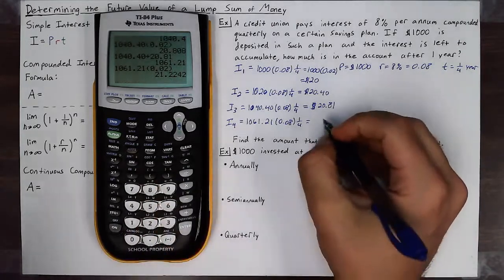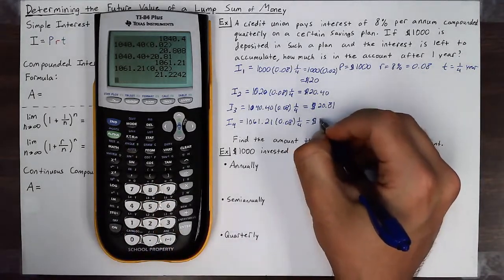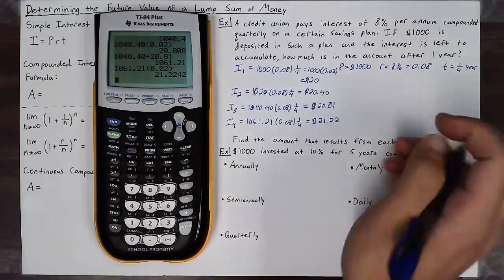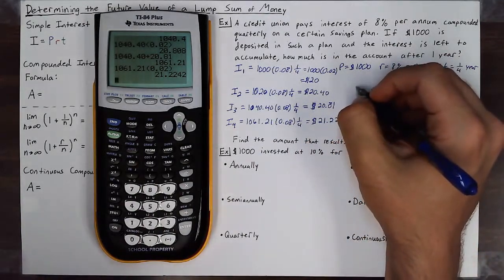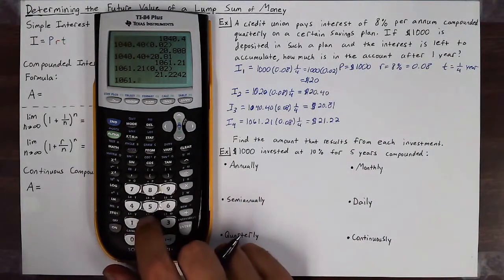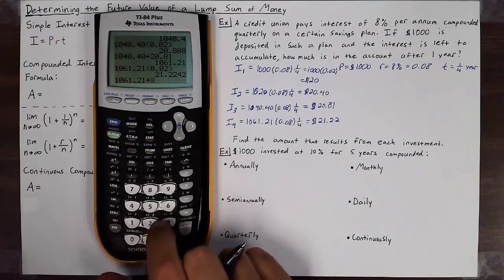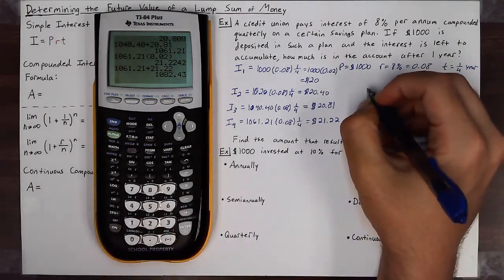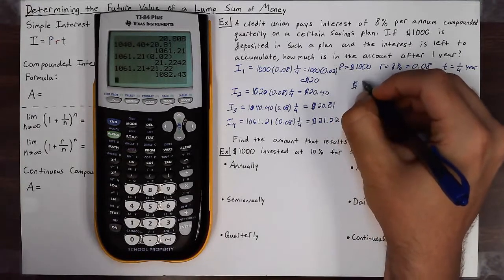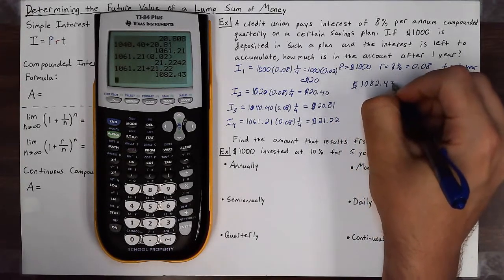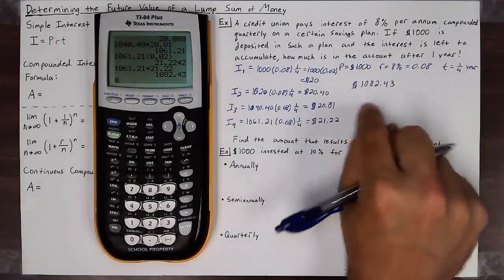And I end up with the last interest I gain, $21.22, which when added on to get my final total will be 1,061.21 plus 21.22, a final amount of $1,082.43. So after 1 year, this is how much money I made.